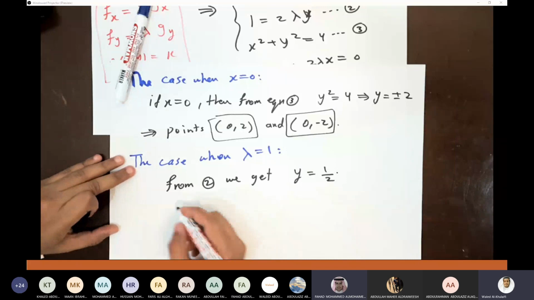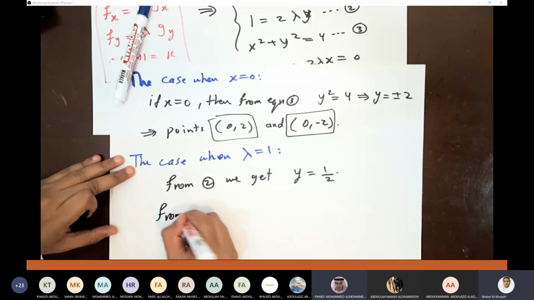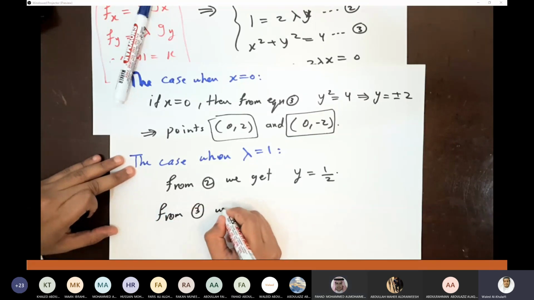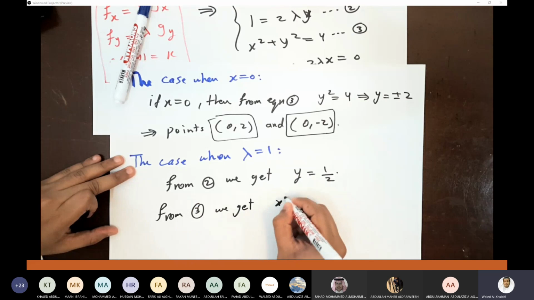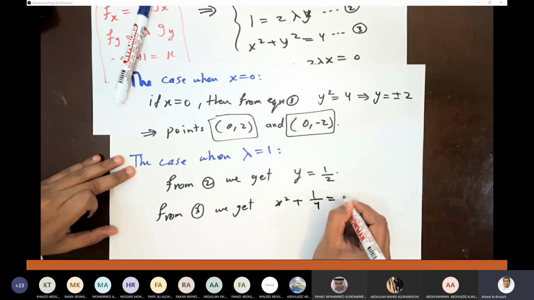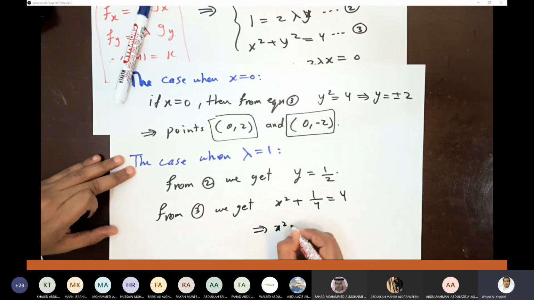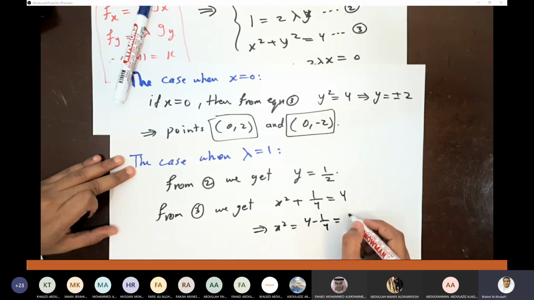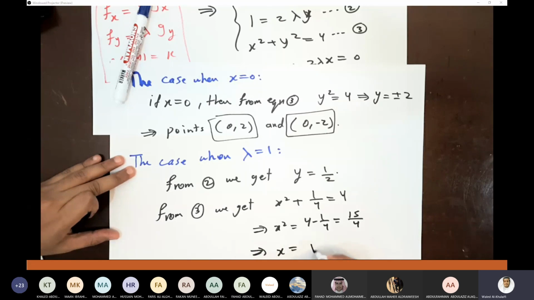From g of x. From 3, we get x squared plus 1 over 4 equal 4. This implies that x squared equal 4 minus 1 over 4. طبعا هنا 16, 15 over 4. This implies x equal to the square root of 15 over 4, or x equal negative square root of 15 over 4.